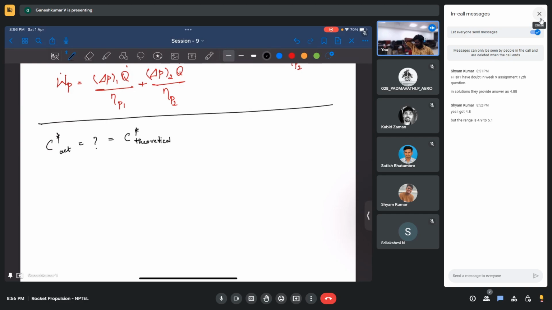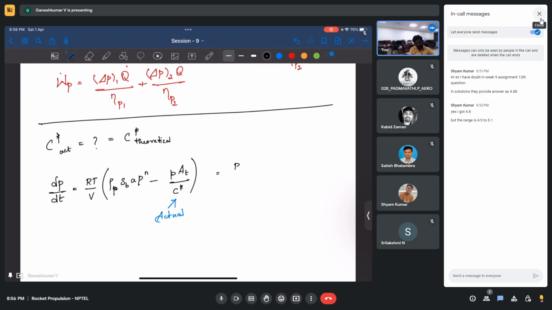From this equation only you will be finding the propellant burn rate minus the AT by C star. So this C star is actual. That is clear, right? This C star is actual.